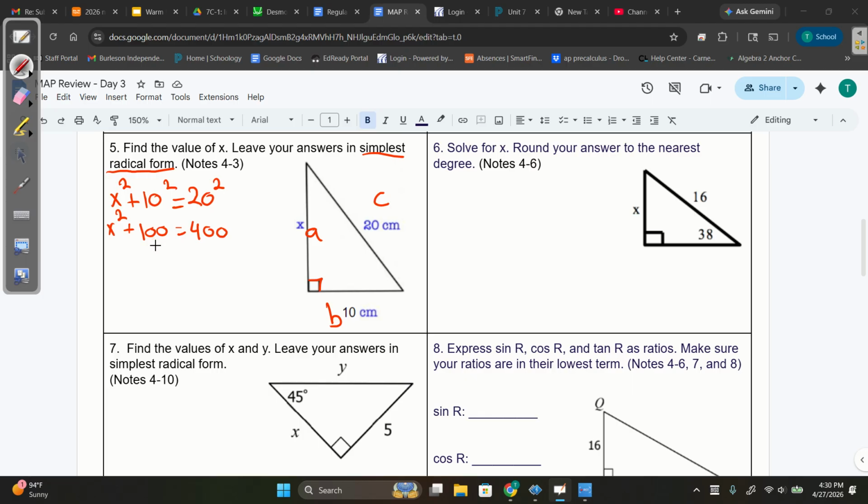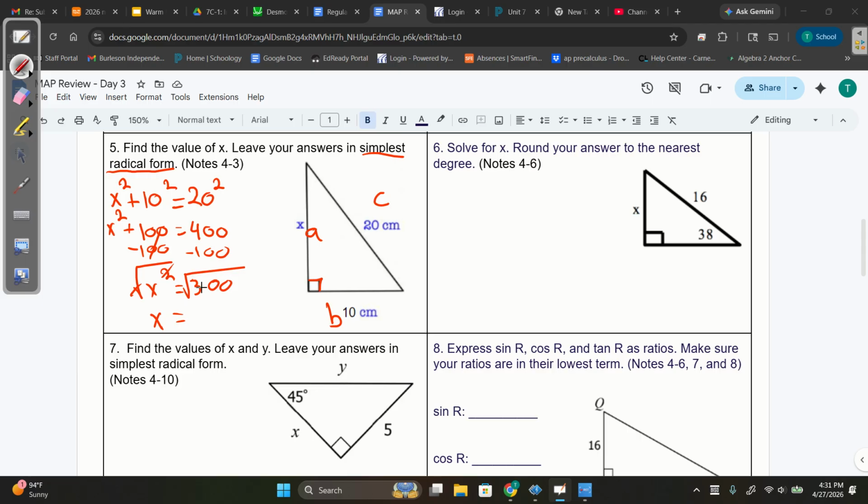To solve this out, we need to move the 100 over to the other side by subtracting. And then to get rid of the square, we have to square root. Now this is what we're going to have to simplify here, the square root of 300.